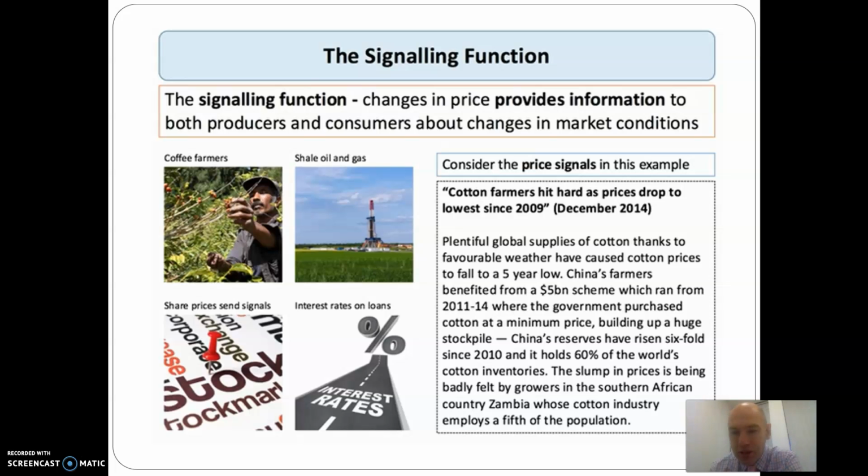And towards the end, the slump in prices has been badly felt by growers in Zambia, whose cotton industry employs a fifth of the population. If they're getting less money for their cotton, obviously that's going to filter through in terms of employment, wages, and so on.